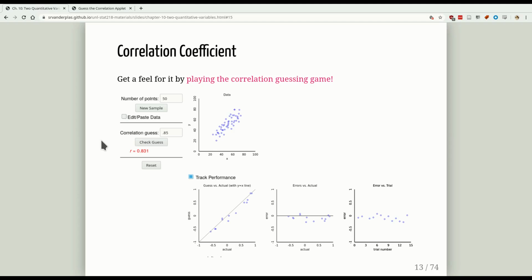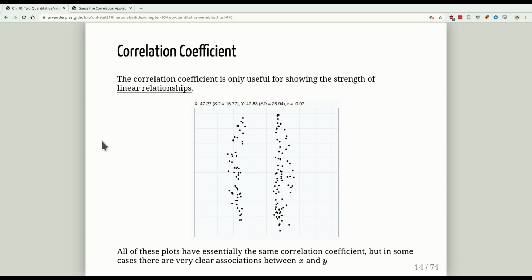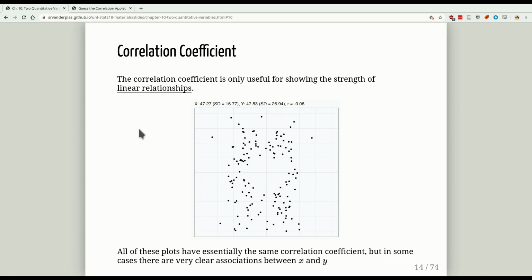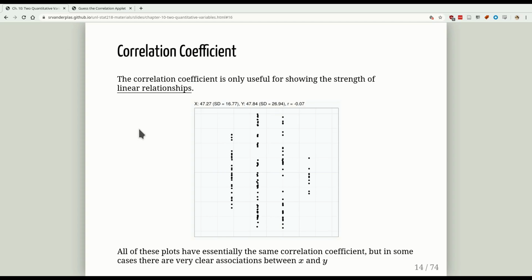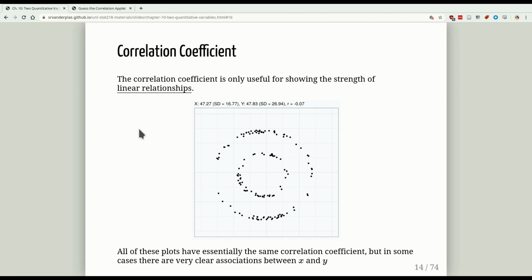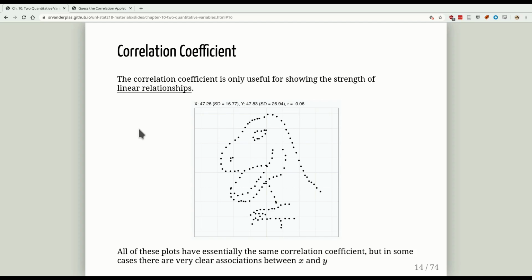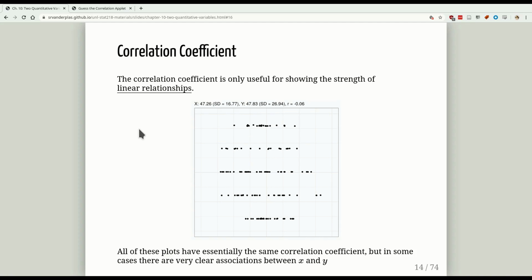Now, assuming you're back, it's important to note that the correlation coefficient is only useful for showing the strength of a linear relationship. So if the relationship isn't linear, no matter what it actually is, the correlation coefficient is not going to help you.